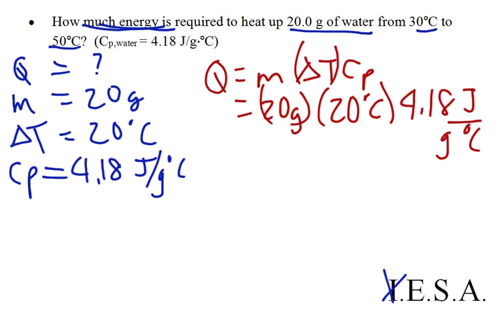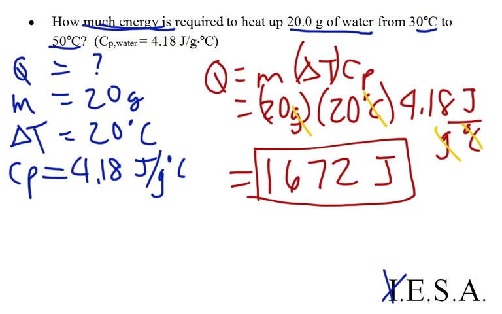Now, changing colors, we can see that the grams cancel, the degrees cancel, and we're left with joules. So the final answer on this is simply going to be 20 times 20 times 4.18. For this, I get 1,672 joules.